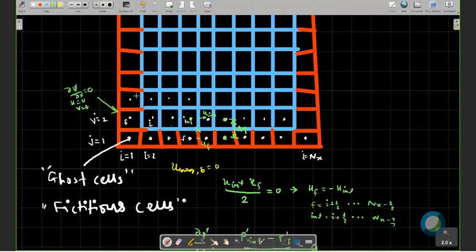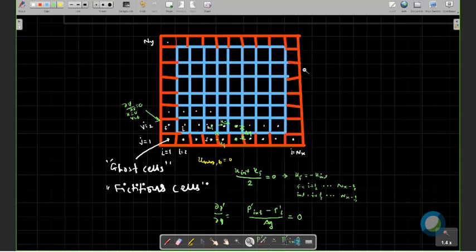So this is the way you have to proceed for any boundary condition. The first concept is the ghost cell concept, and with this ghost cell concept you have to assign the values at these boundaries in such a way that the interior and fictitious values satisfy the boundary condition.